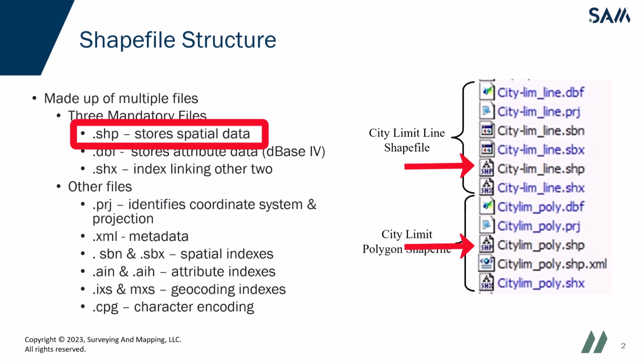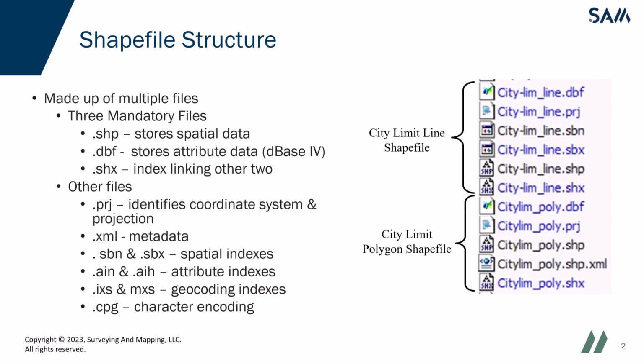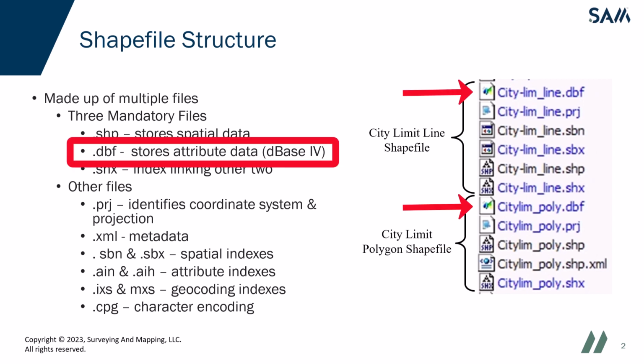The SHP file stores the spatial data, so this is going to be the coordinates that make up the points or the lines or the polygons that are part of the shapefile. The attribute data is stored in the DBF file. So those attributes that I was just showing you, those are coming out of the DBF file.